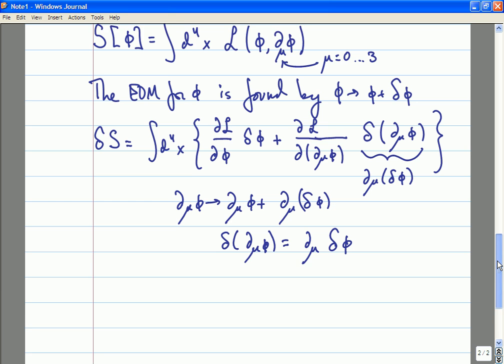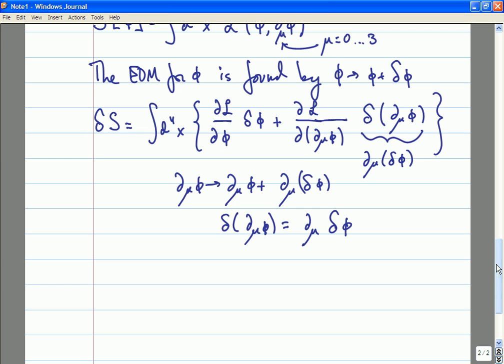So now, the second term that we have here is the derivative of the Lagrangian with respect to d mu phi times a derivative. So we can integrate that by parts.